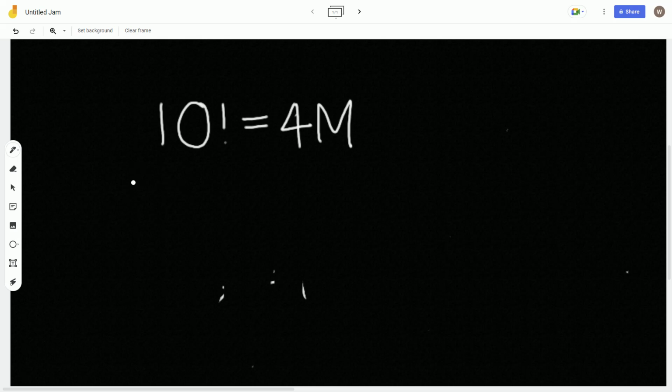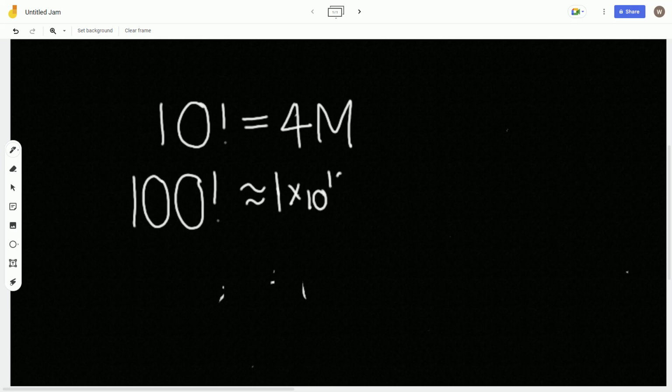But 100 factorial equals roughly about 1 times 10 to the power of 160.